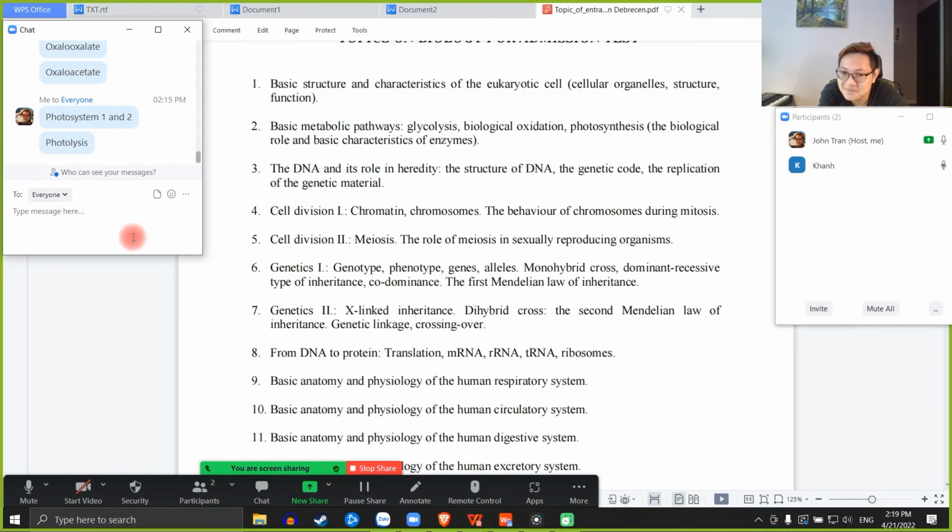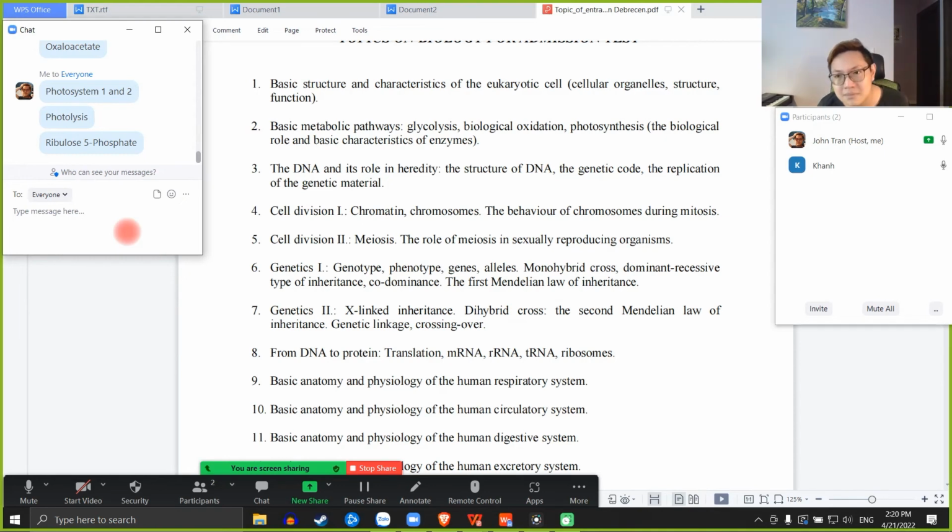The pathway begins with the carbon dioxide fixation by a 5 carbon molecule called ribulose bisphosphate.